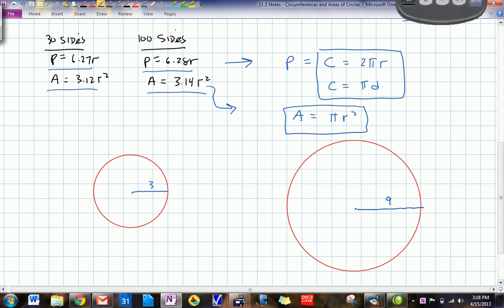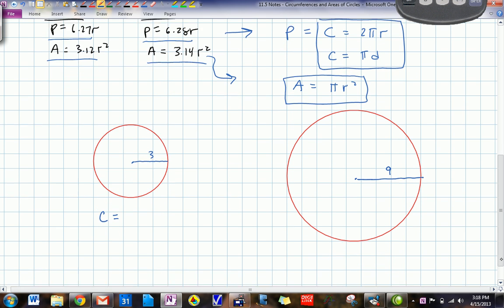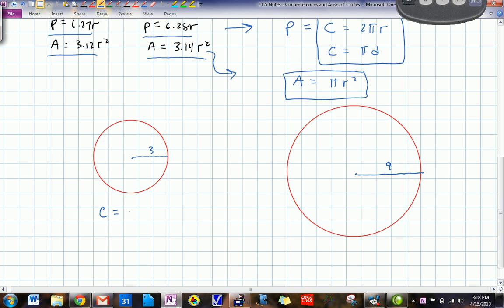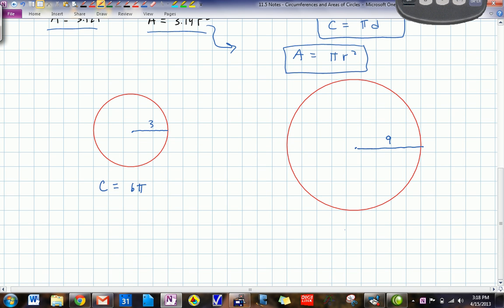Therefore the circumference of the smaller circle would be pi times the diameter, right? And the diameter would be 3 plus 3 is 6, so it's going to be 6 pi. The circumference for the circle with a radius of 9 is going to be pi times the diameter also, where the diameter would be 18, so this is 18 pi.